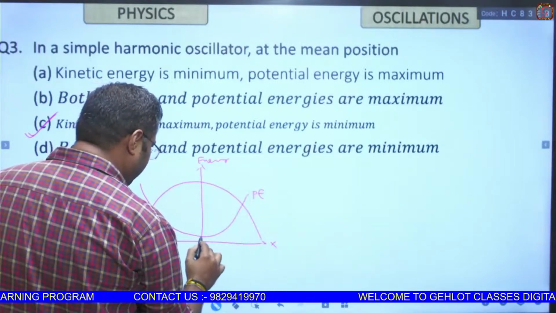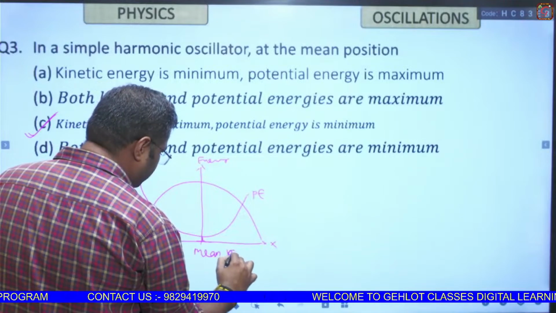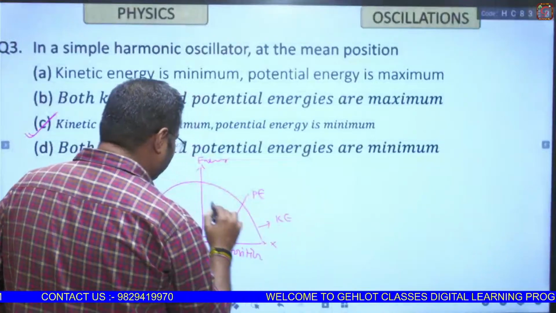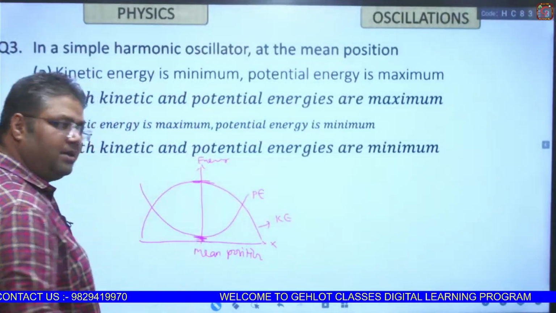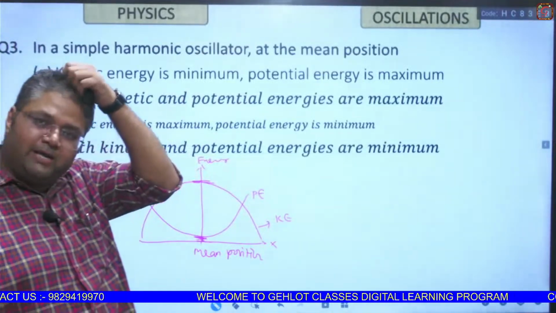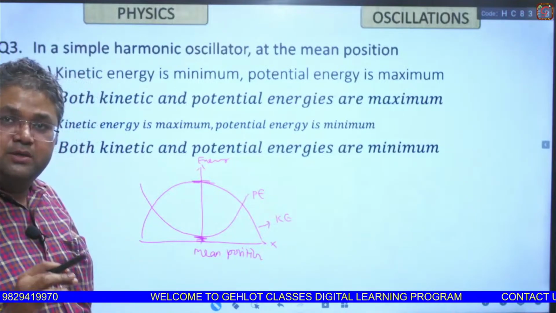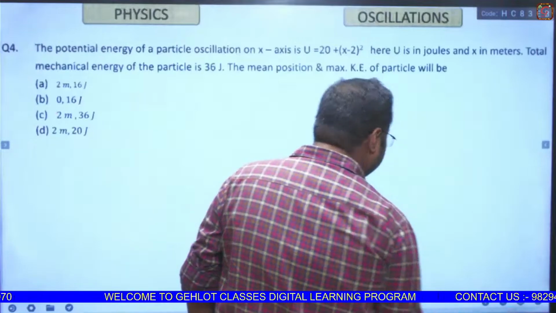So at mean position, we can clearly see that kinetic energy is maximum and potential energy is minimum. See, I am using again and again the word minimum. I am not using zero. It is not necessary that the potential energy at mean position is zero.